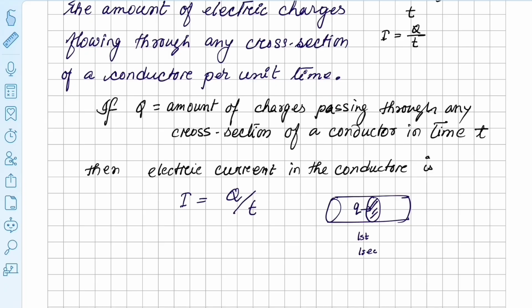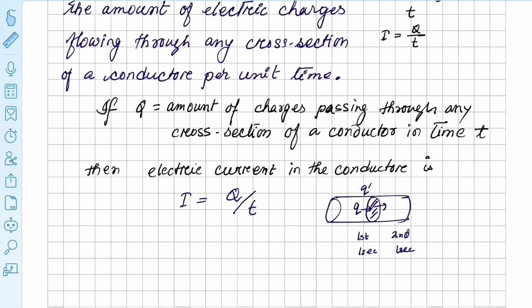It is not necessary that in the next 1 second the same amount of charge will flow through this cross section. It may be Q dash. So in that case, we need to find instantaneous current, right?